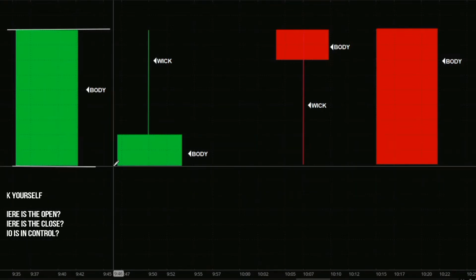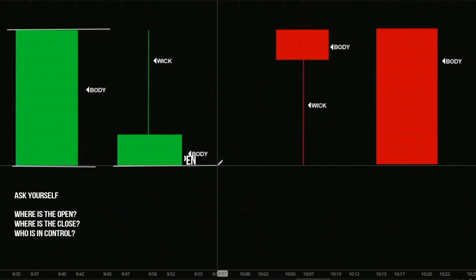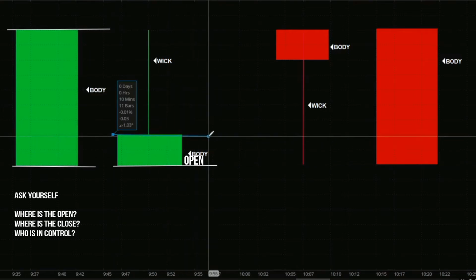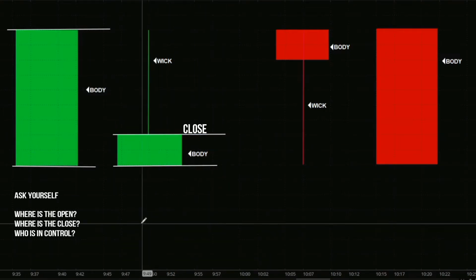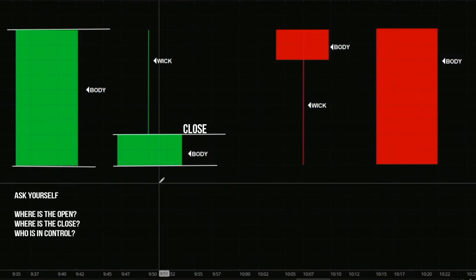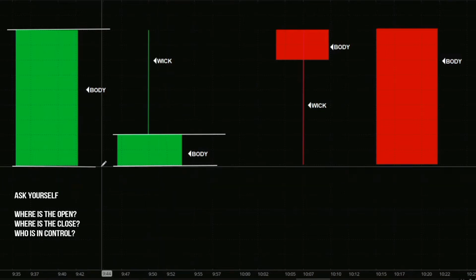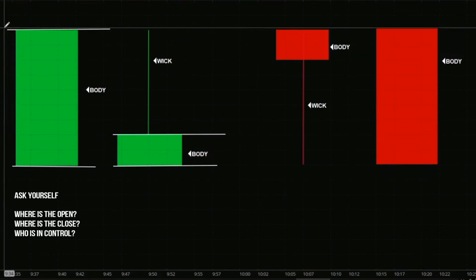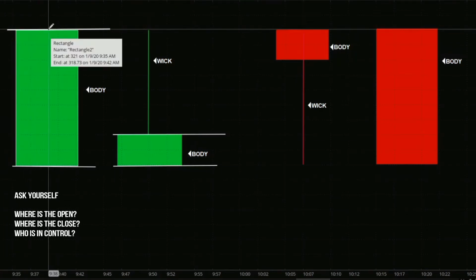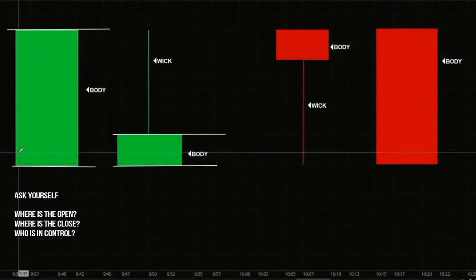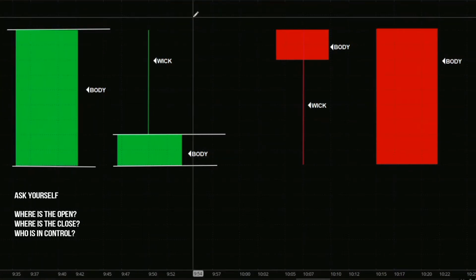On the second green candle, the open is also here, but the close is right here. And these two candles are both green, but they tell a very different story. On the first candle, we see that the close is all the way at the high of the candle, signifying that the buyers are very strong and were in control for the whole time.